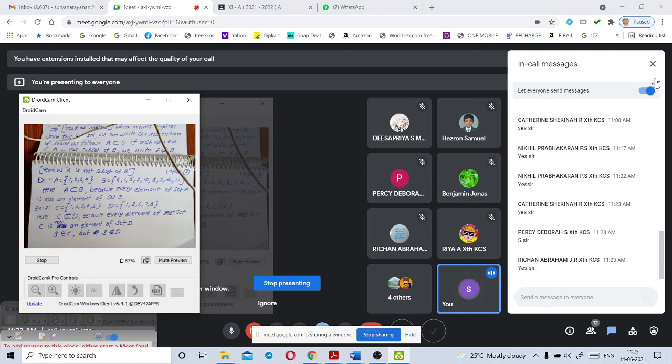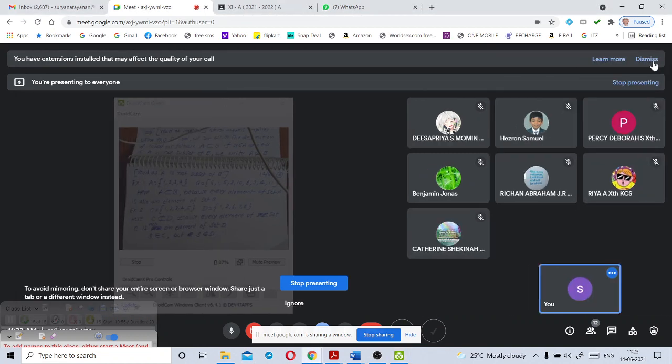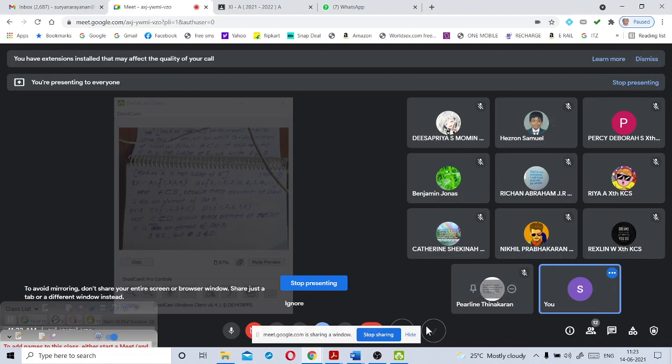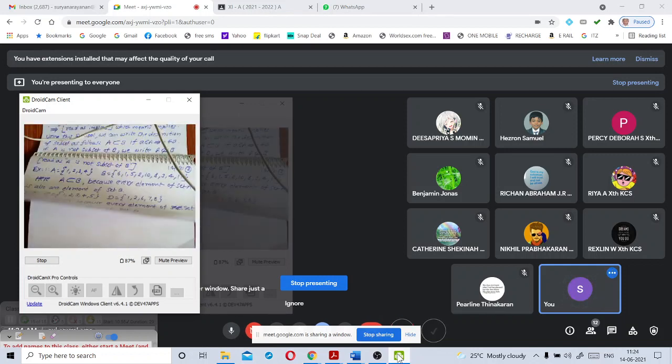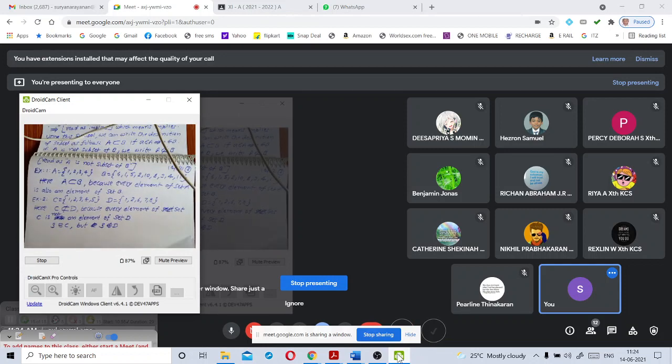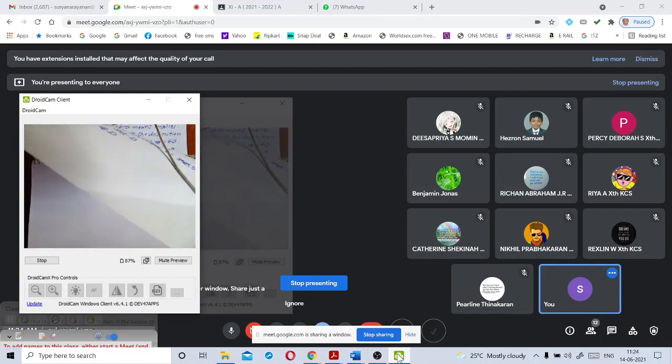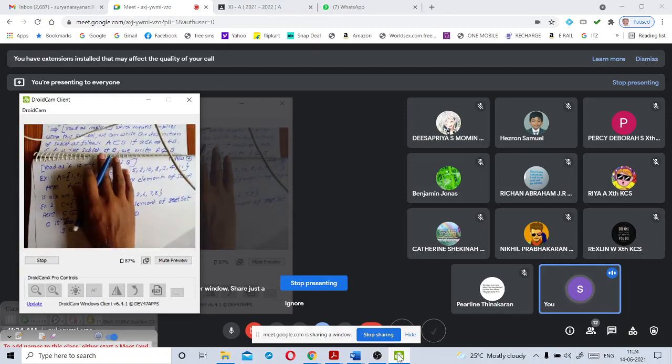Now come to the next point. Previously we have discussed equal sets. Yes or no? Do you remember the definition of equal sets, my dear Perlin? Mahima? Can you tell me the definition of equal sets?